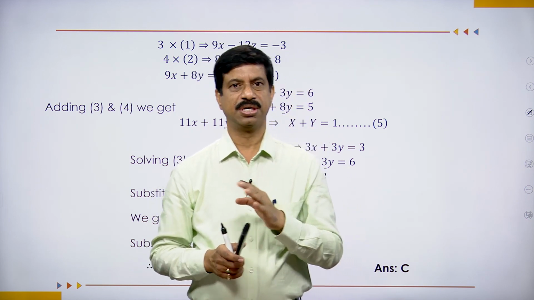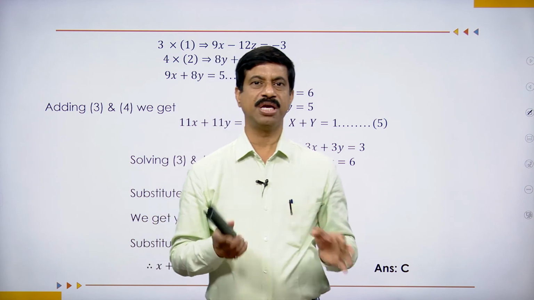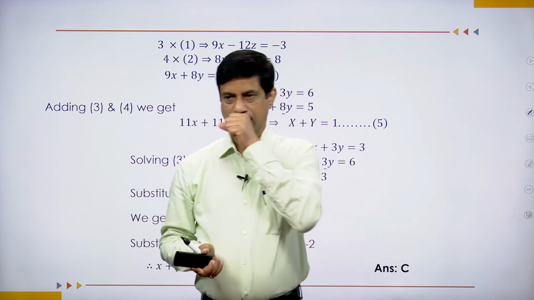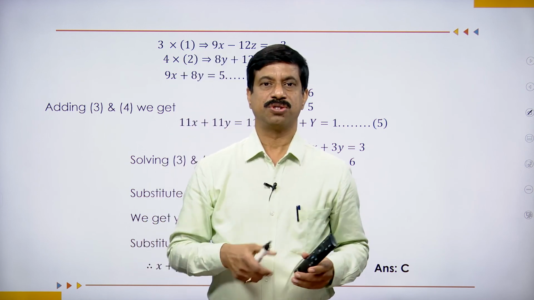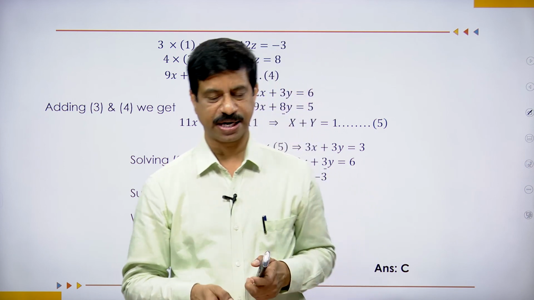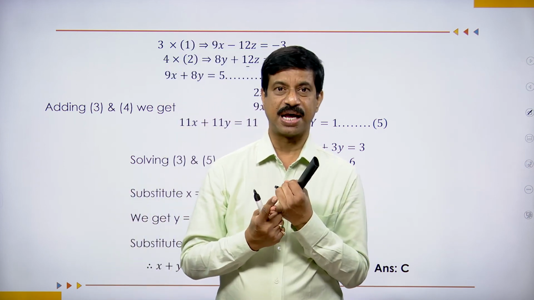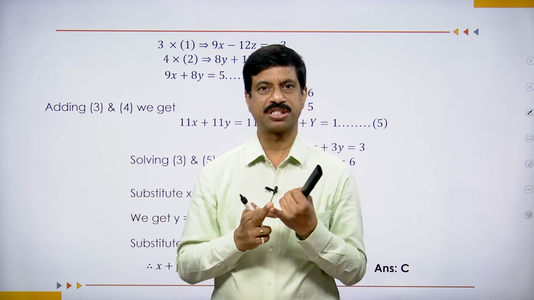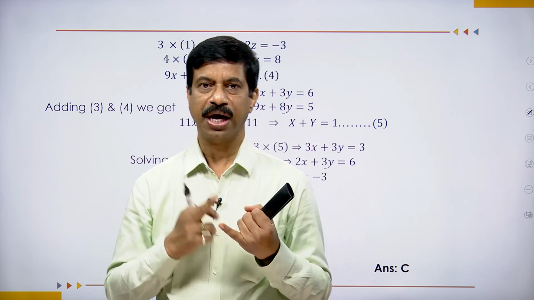So, children, you should understand how many options you can eliminate for a given question and use the elimination of options technique. That is the first method I will be using. There are 8 methods of working on objectives, but the first method I prefer is elimination of options.